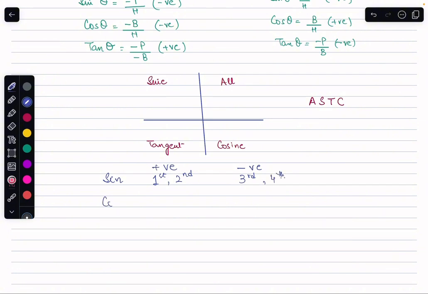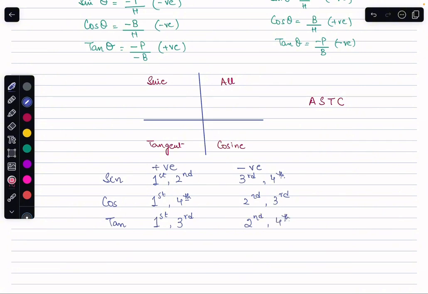In the same manner, the cosine ratio is positive in the first and the fourth quadrant, and it's negative in the second and the third quadrant. And for tangent, we can say that all the tangent values are positive in the first and the third quadrant, and it's negative in the second and the fourth quadrant.